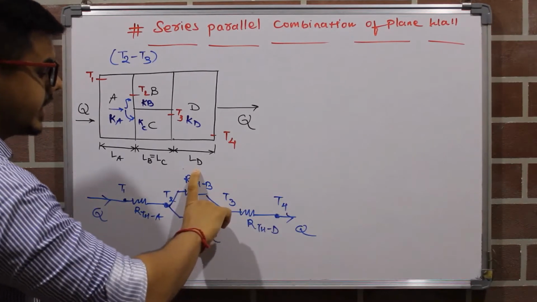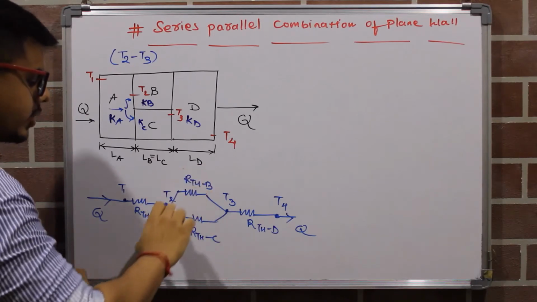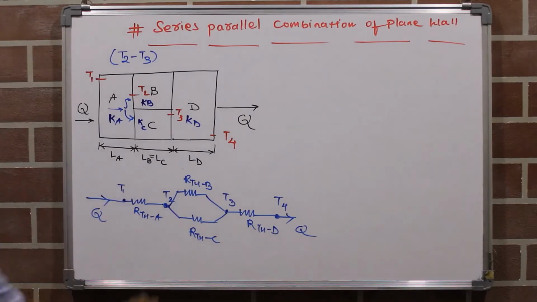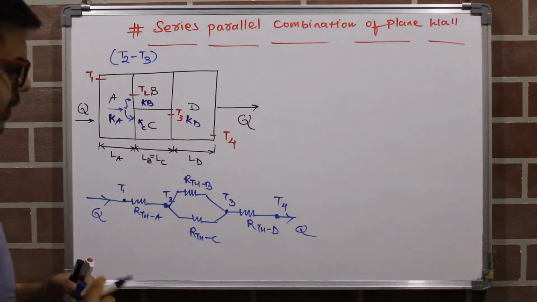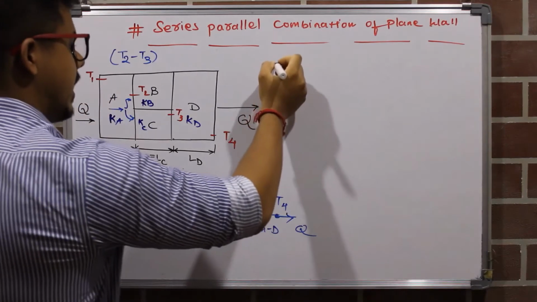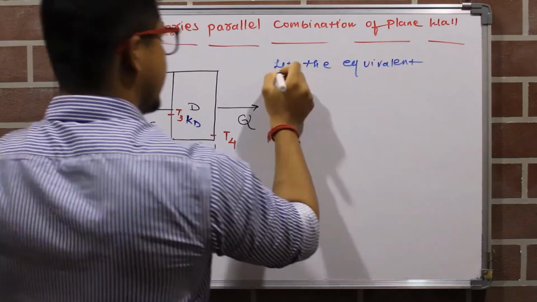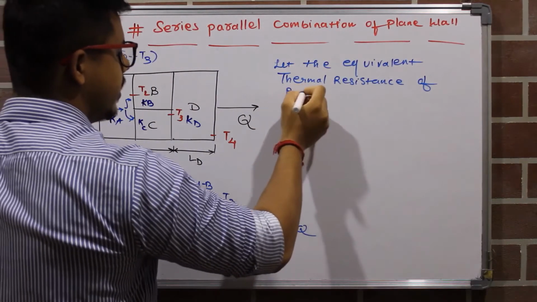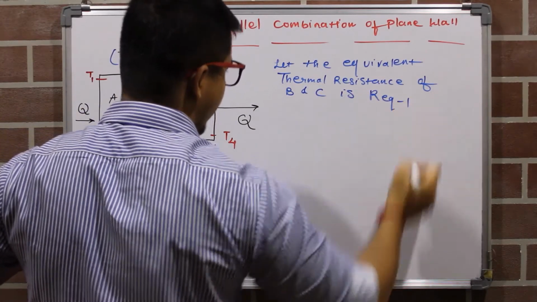When we find the equivalent resistance of these two walls, that equivalent resistance will come in series combination with the other two walls. I will show. Let the equivalent thermal resistance of walls B and C be R equivalent 1.